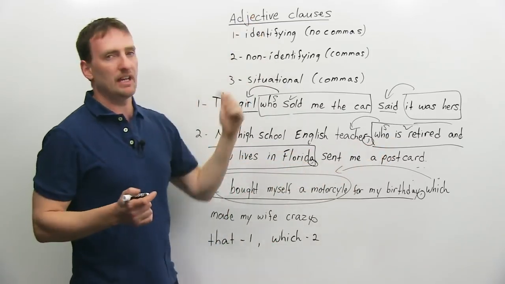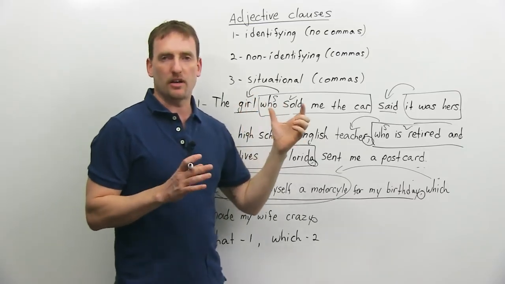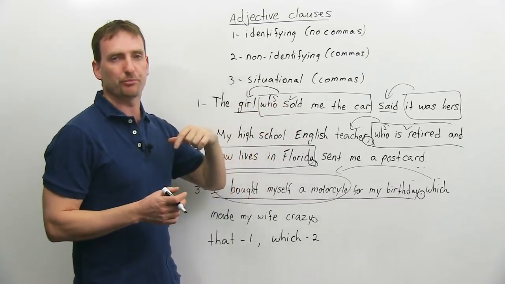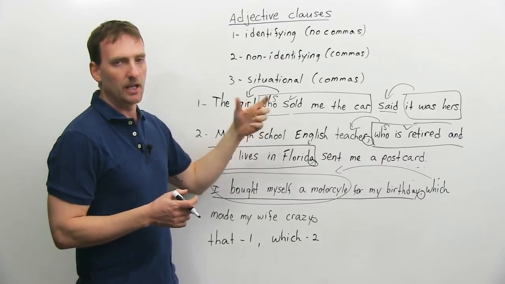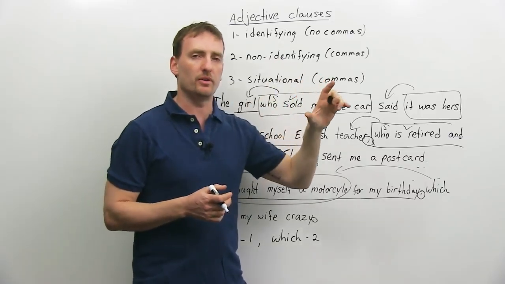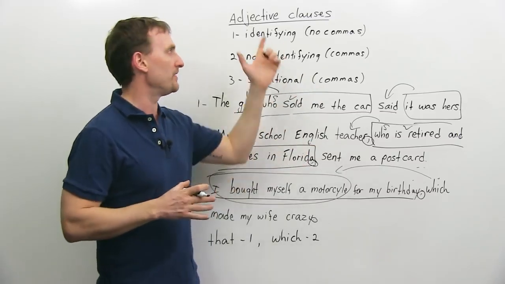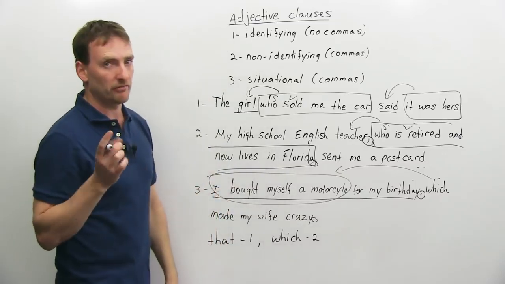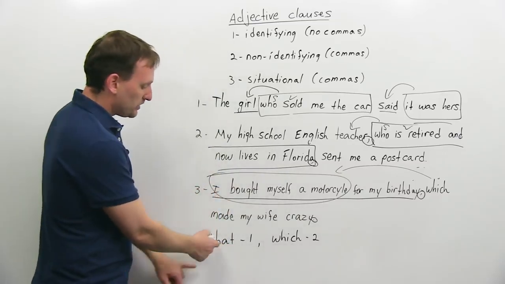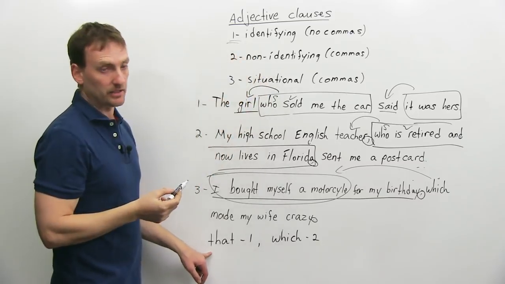So there you have 3 adjective clauses. And again, just like with the noun clauses, sometimes you can take out the relative pronoun. In this case, you can't because it is also the subject. But I will do another video lesson about how to construct all the different types of adjective clauses, noun clauses, etc. The only thing I will mention right away today, we use that with identifying adjective clauses.